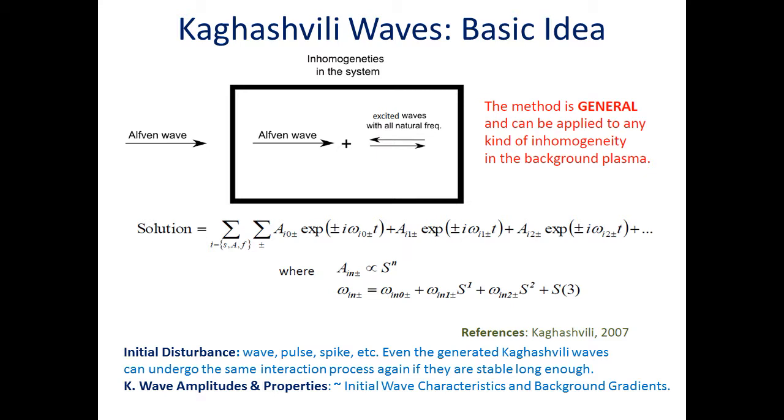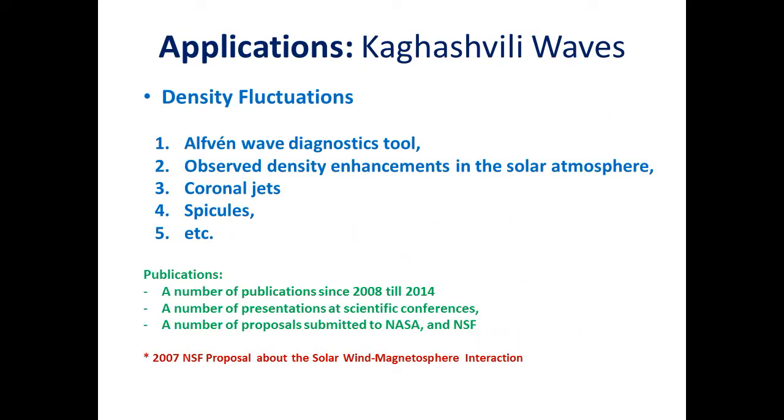So what are the applications? The first application was density fluctuations. I saw density fluctuations in the system, and in the solar plasma, after publishing these papers, it is believed that it is alpha waves that carry the energy from the lower layers of the solar atmosphere.